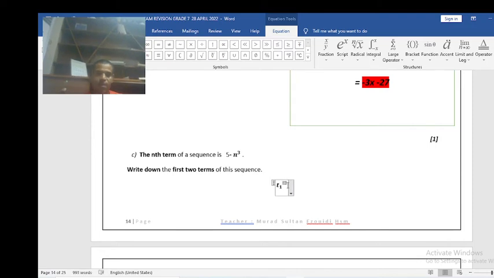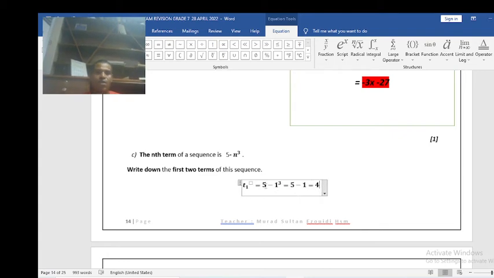So the first term is equal to 5 minus 1 to the power 3. 1 to the power 3 is 1, so it will be 5 minus 1, which is 4.